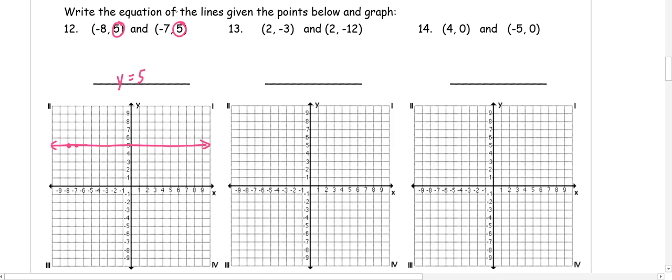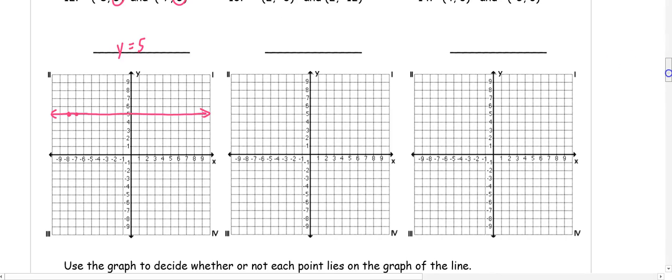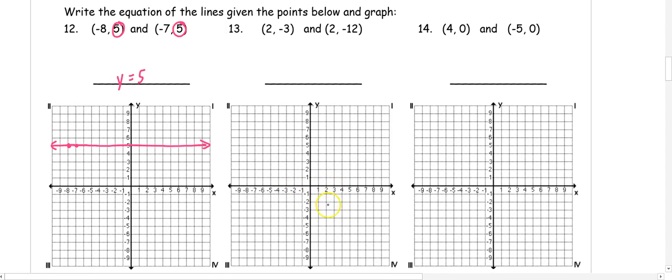In number 13, when I graph this, I have 2, -3, and 2, -12, which we know is off the graph, but we can still figure out that this is going to create a vertical line. So this is going to be x equals, and we're passing through 2, which should make sense because 2 is repeated in the points. 14, we have 4, 0, and we have -5, 0, so this is going to be a horizontal line.